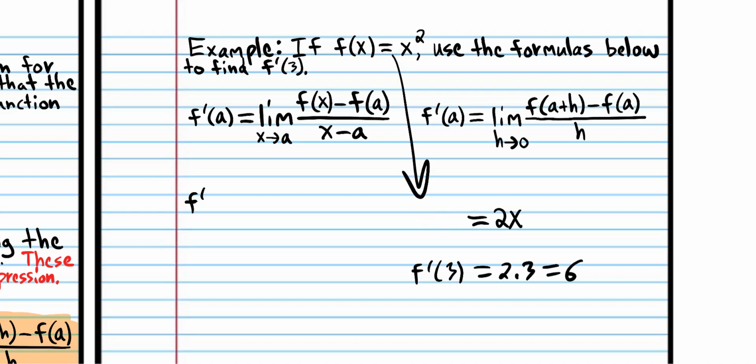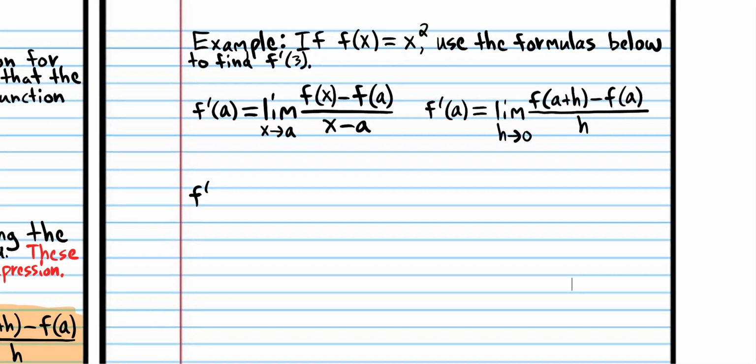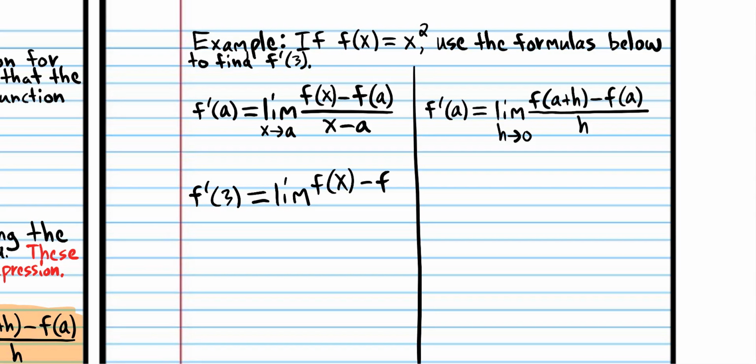But in these problems, we're actually going to find the derivative the long way using these formulas for finding the instantaneous rate of change of a function at a specific x value, x being 3. So we're going to let a equal 3. So we're just replacing a with 3.